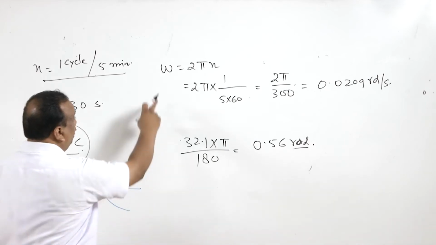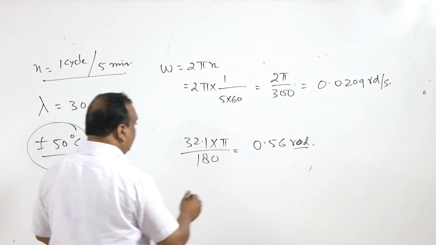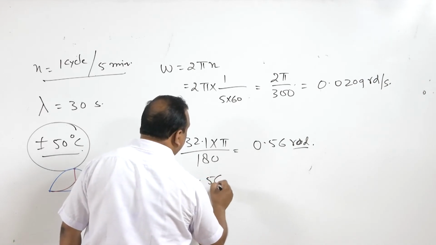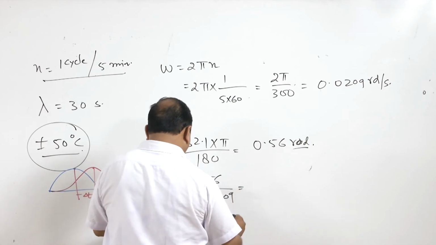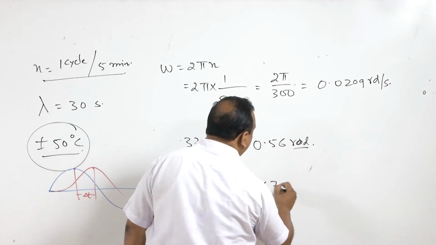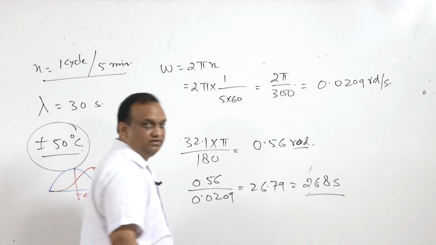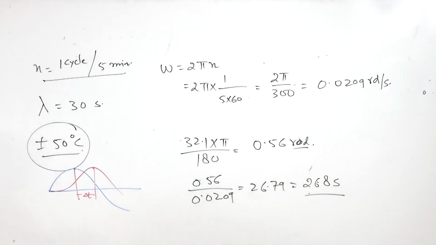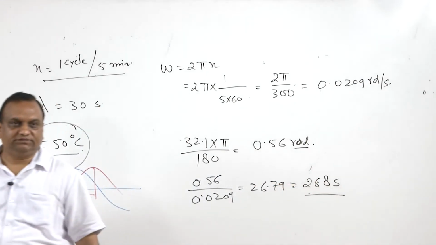And we have omega in radians per second, so 0.56 divided by omega 0.0209 gives 26.79, or 26.8 seconds. So the peak of the input signal will be reflected in the measuring instrument after a lag of 26.8 seconds.